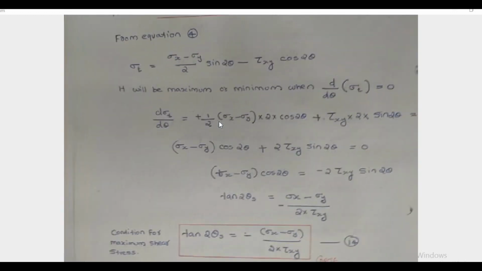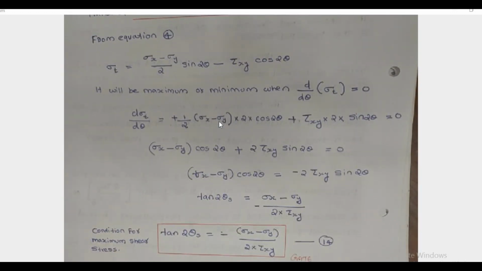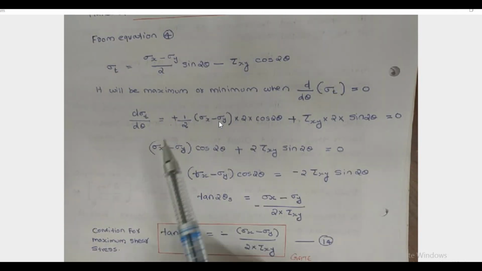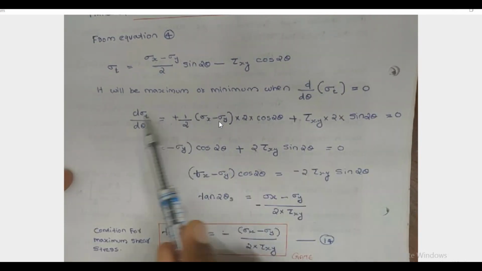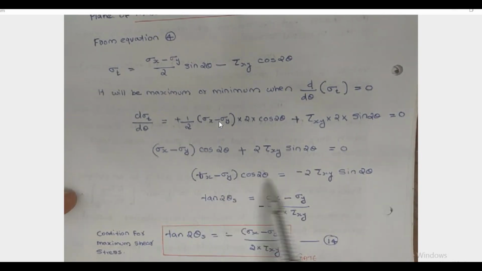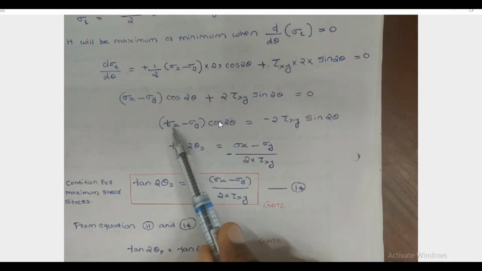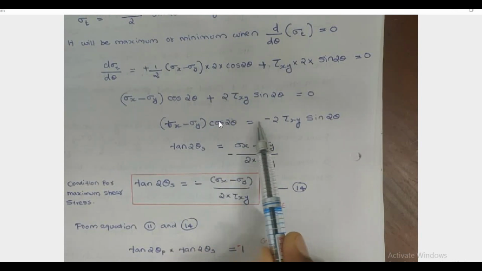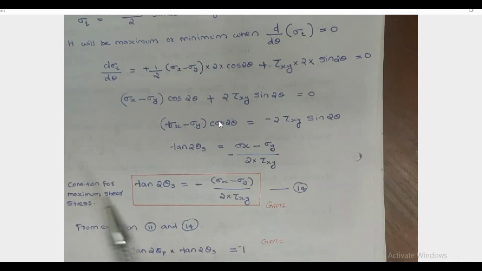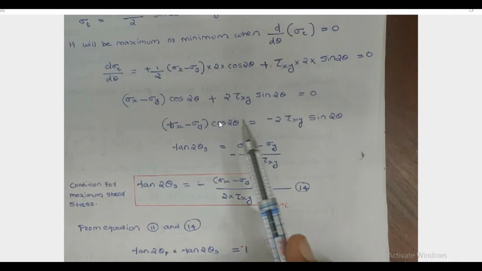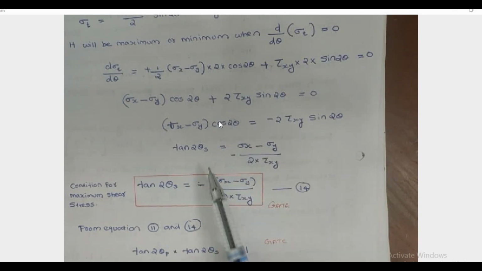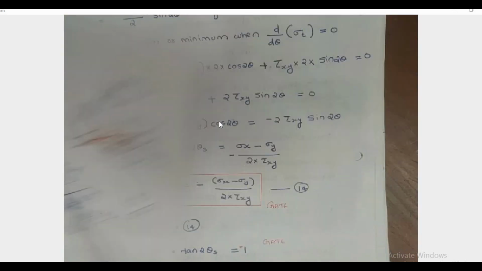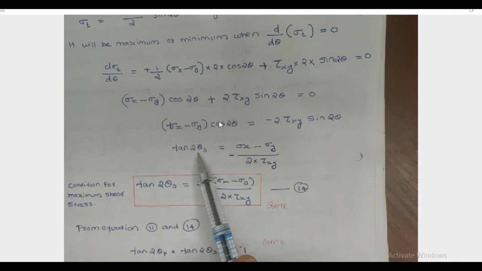So this is the procedure showing differentiation and equating to 0. Finally we got (sigma x minus sigma y) cos 2 theta equal to minus 2 tau xy sin 2 theta. From this, sin 2 theta by cos 2 theta is equal to tan 2 theta s, because after differentiation and equating to 0 we change theta into theta s.